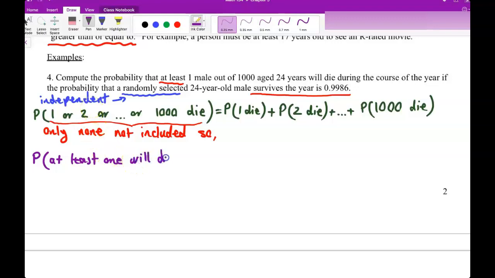That is equal to 1 minus, so you should subtract whenever you have at least. Subtract probability from 1. So at least 1 will die.